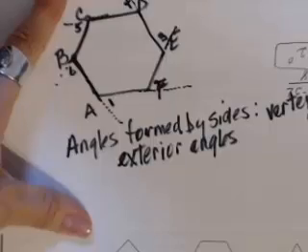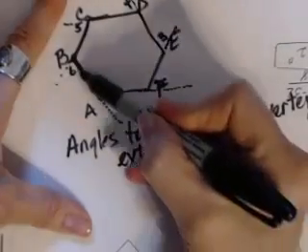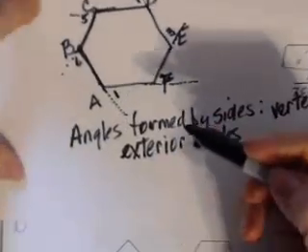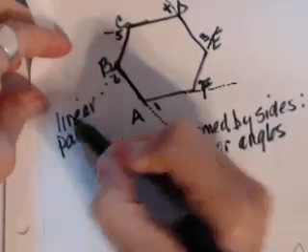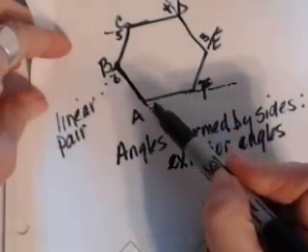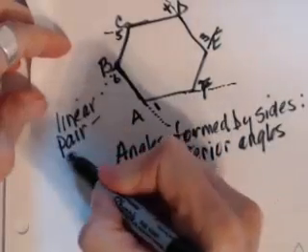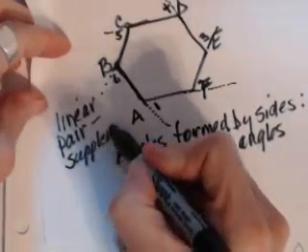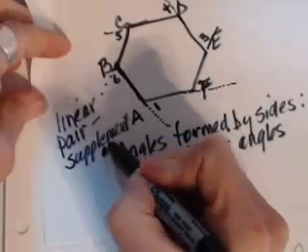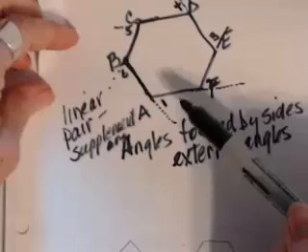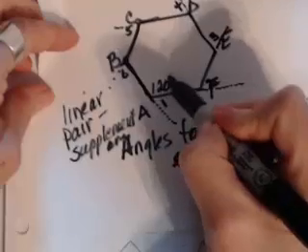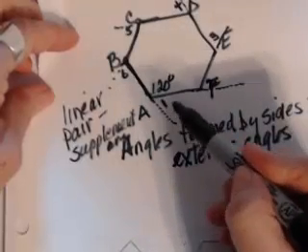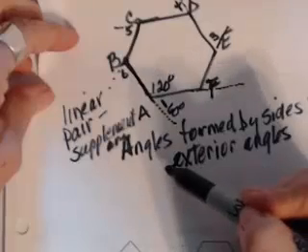And the cool thing about those, if you remember about a linear pair of angles, a linear pair of angles are 2 angles that are on a line. Well, they're supplementary. So that means that if I have the vertex angle to be 120, then this angle is going to be 60.